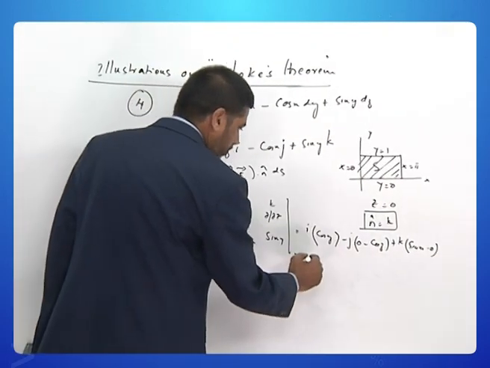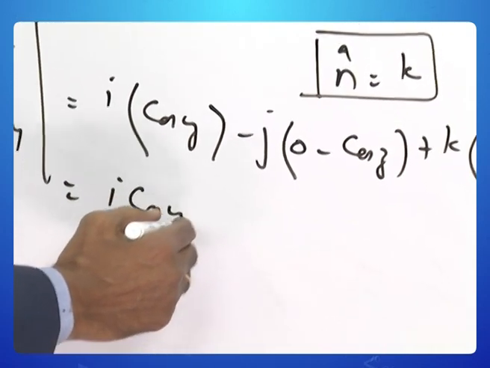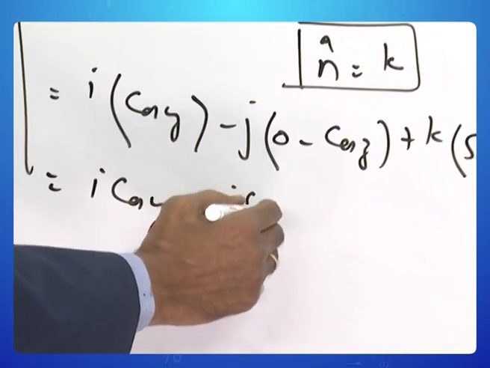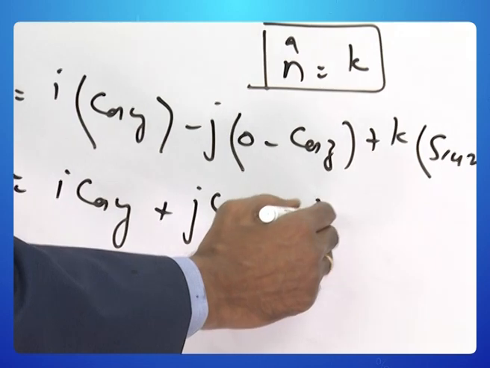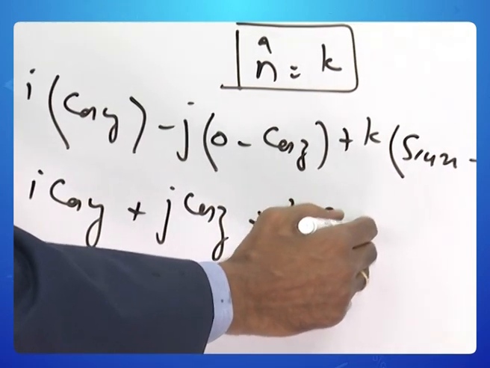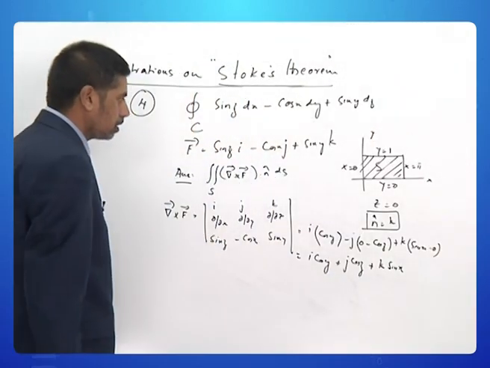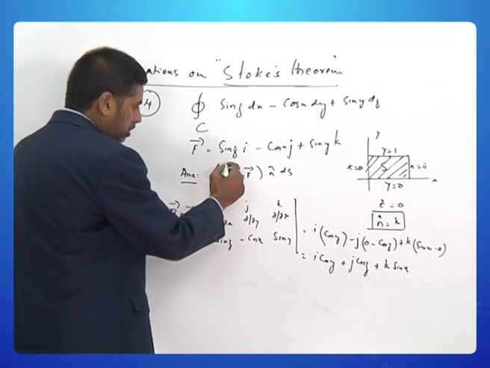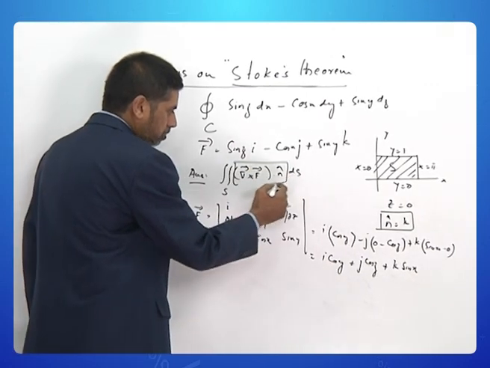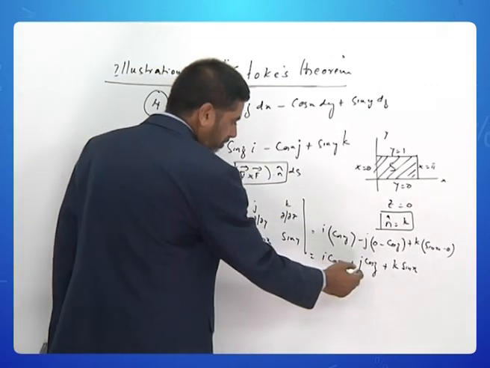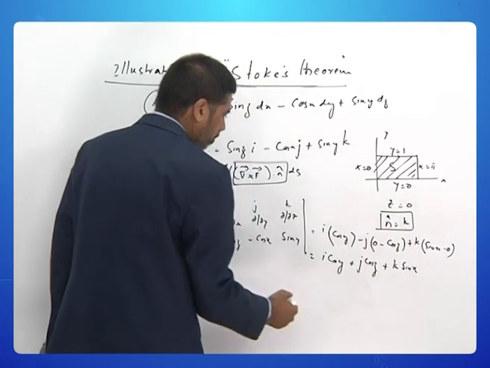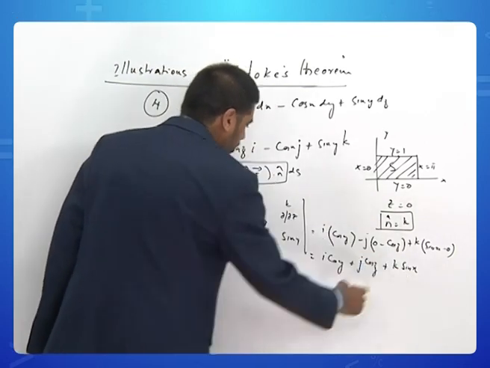So this will be i cos y plus j cos z plus k sin x. Now if you look at this operation, del cross f dot n cap would give us only sin x.